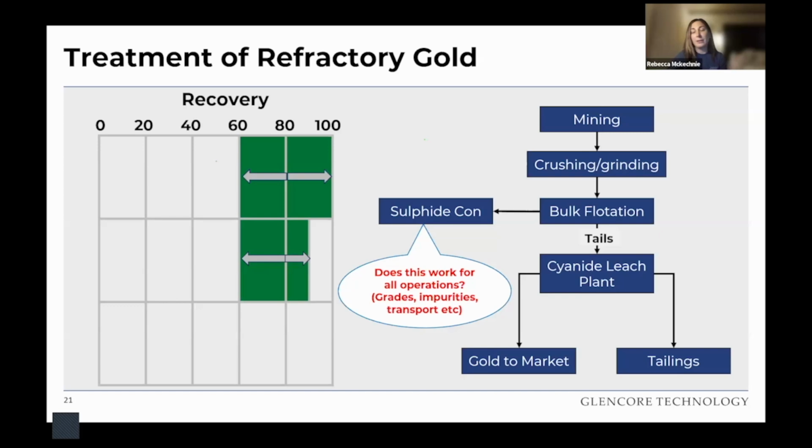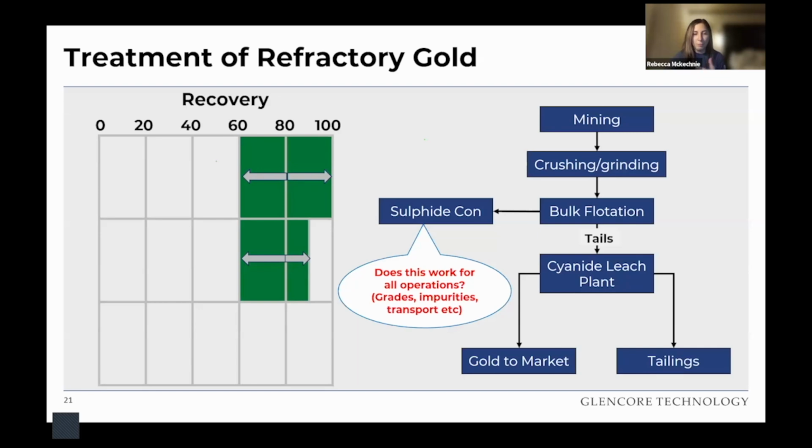There are also the specific laws within a jurisdiction that may prevent the sale of an intermediate product like concentrate, the cost of freighting, and scope 3 emission considerations. In some cases, it may just be that more value can be added to a project or an operation by producing final metal on site.